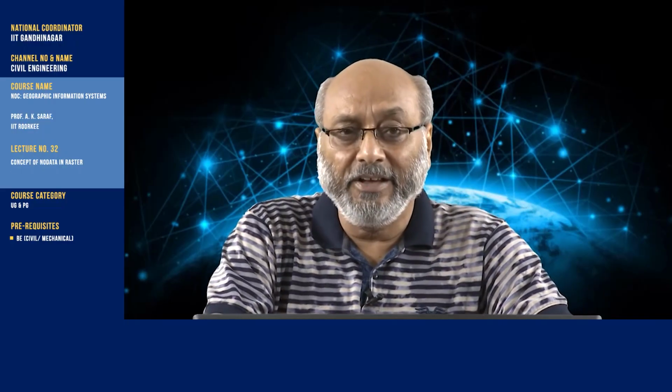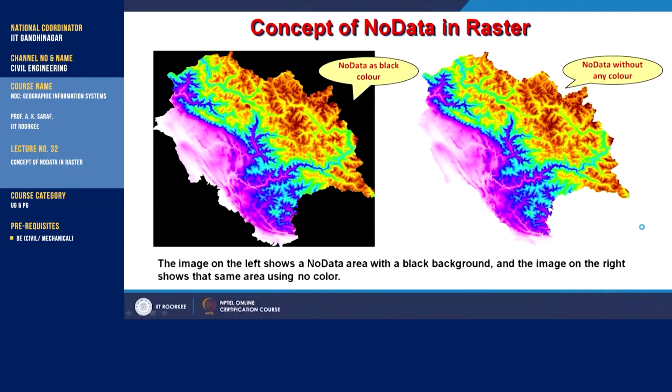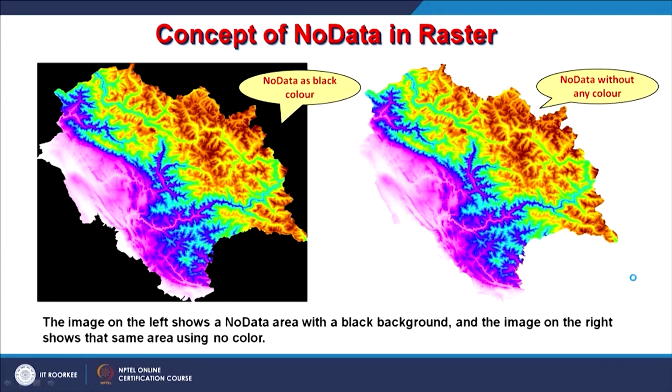Now, let us take an example: this is a Himachal Pradesh SRTM DEM, which I have extracted from that tile using the Himachal Pradesh political boundary. When you extract that data, the overall raster has to be either square or rectangular. So, what happens to the outside area?